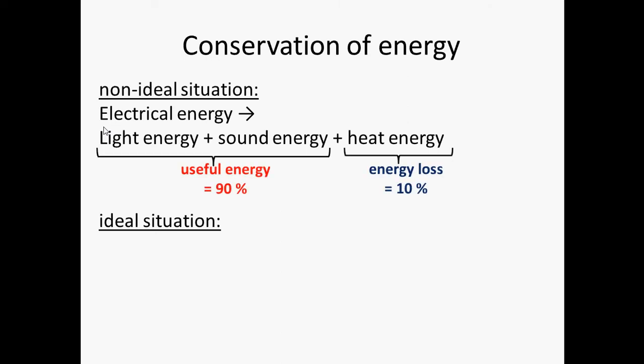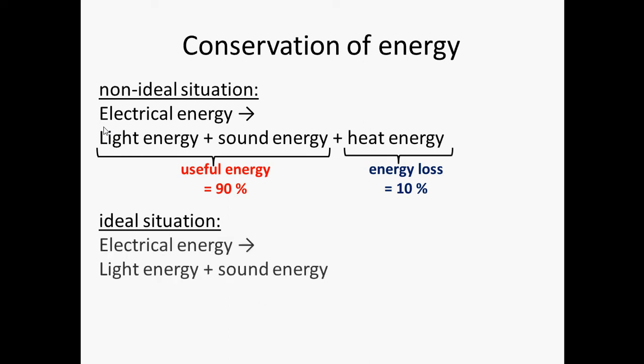There is not 100% conversion into useful energy, but there will always be some energy loss. So in a non-ideal situation, there's always some energy loss. But in an ideal situation, if a TV doesn't have any energy loss, then you will probably have a television that only gives off light and sound energy, and there is no heat energy whatsoever.